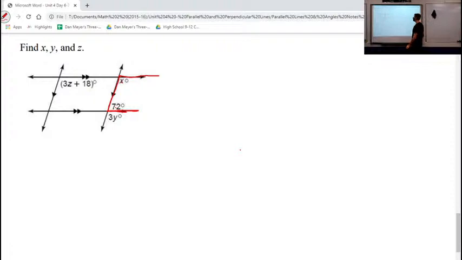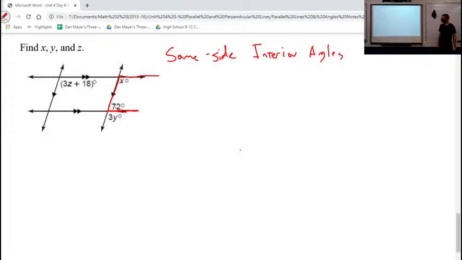There's my C shape. So we have same side interior angles. And those are going to be supplementary. So again, there's my equation.